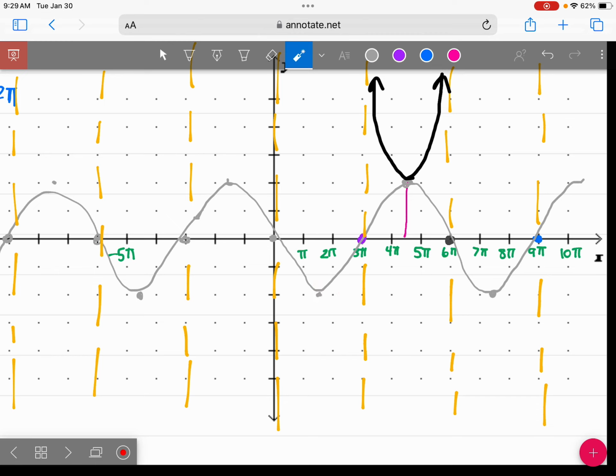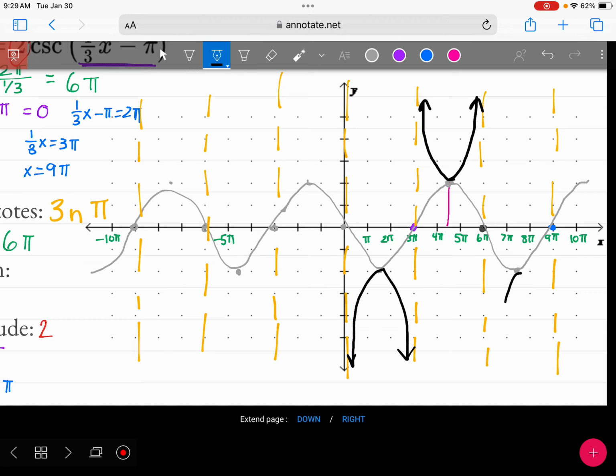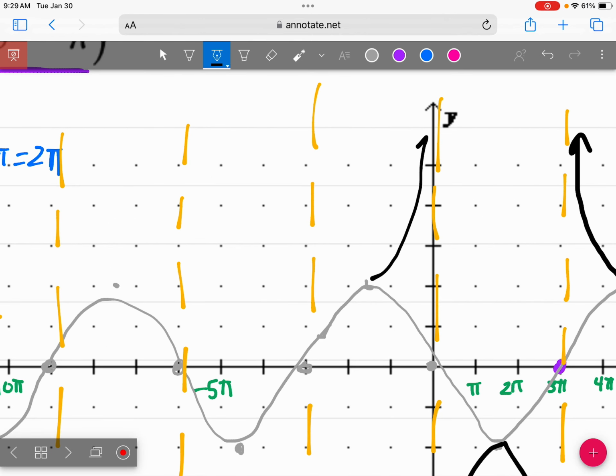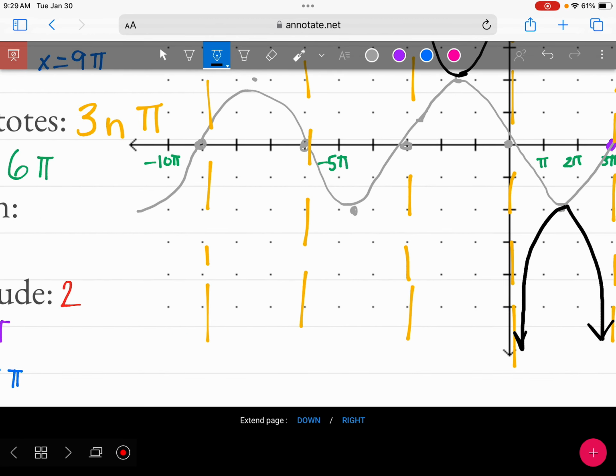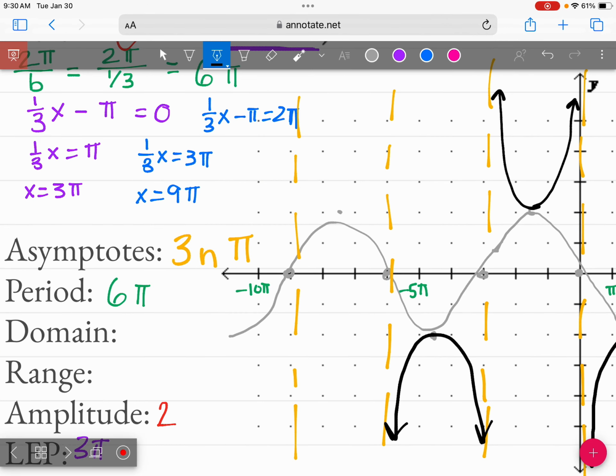So we're taking our maximums and using those to draw our cosecant graph. We're going to take every place that we have an endpoint or a turnaround point, or a point of inflection, or whatever vocab word you choose for that, relative maximum or relative minimum. That gives us our graph of cosecant.